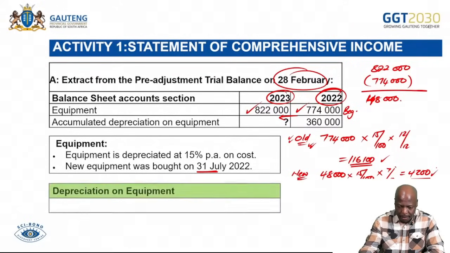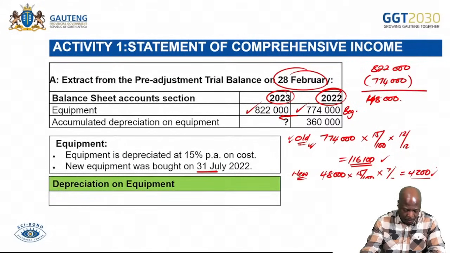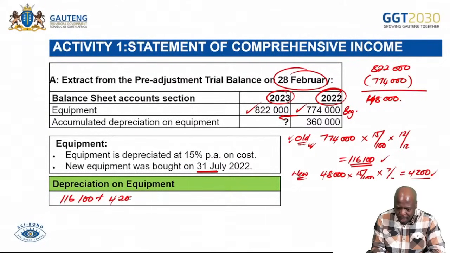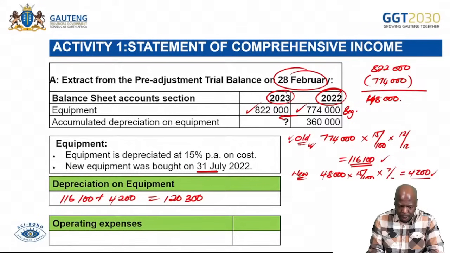Now, I can come here and now record my amounts. I know that my depreciation on equipment is 116,100 plus the 4,200. That gives me a total now, which is going to be 120,300. But if I'm to get my total depreciation in the statement of comprehensive income, I'm coming here to say depreciation.